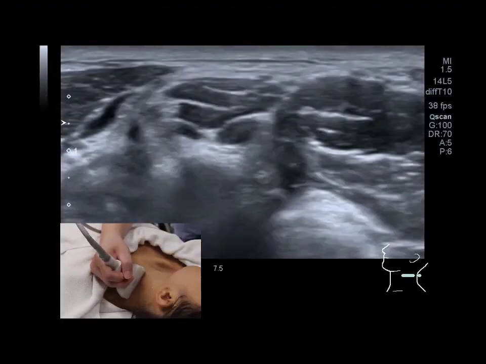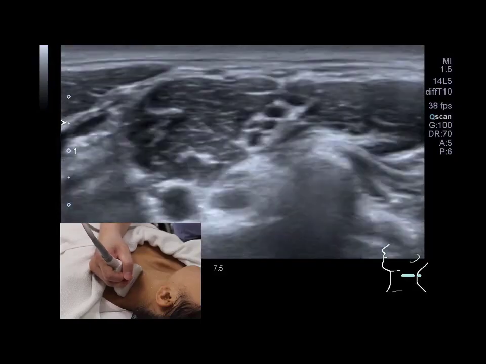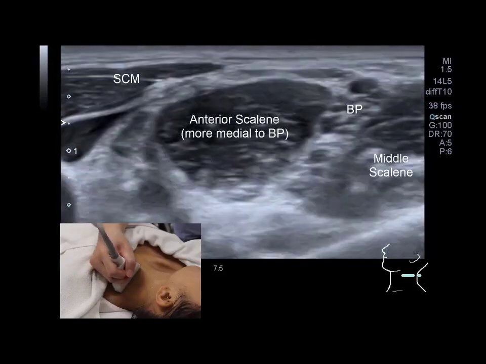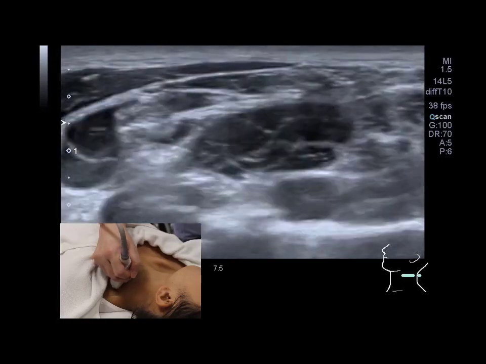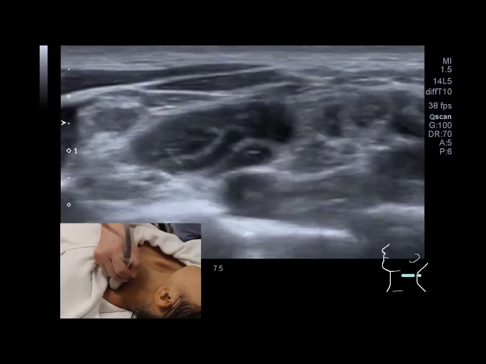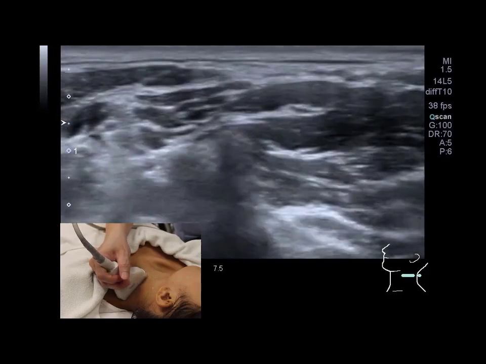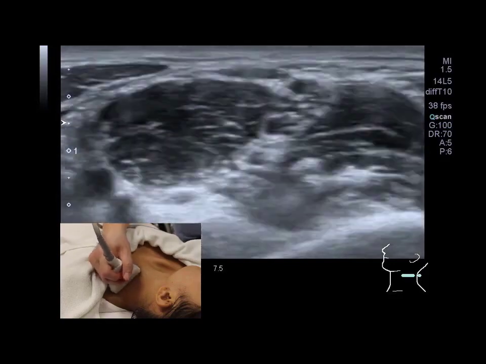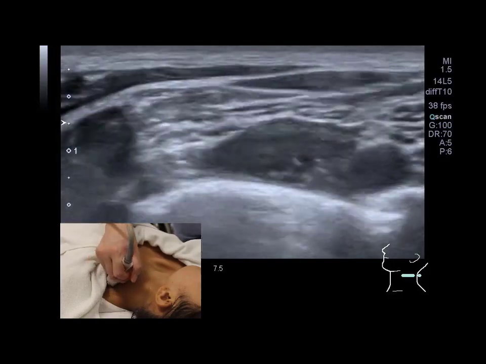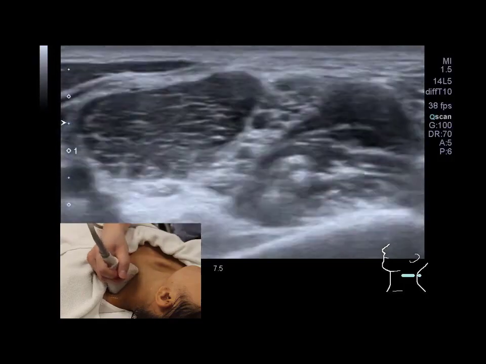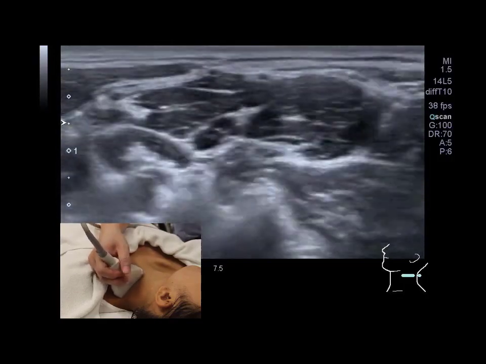Okay, let's move to the floor muscles close to the sternocleidomastoid. This is the landmark of the anterior and middle scalene, which are sandwiched with the brachial plexus. We review again to see the relationship. So it is the anterior and middle scalene as a floor, in close proximity to the sternocleidomastoid.